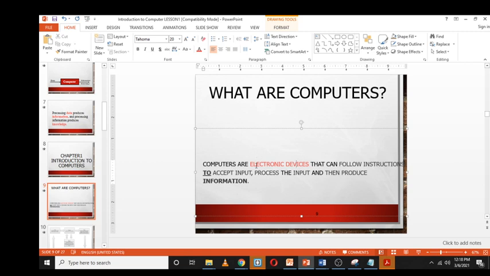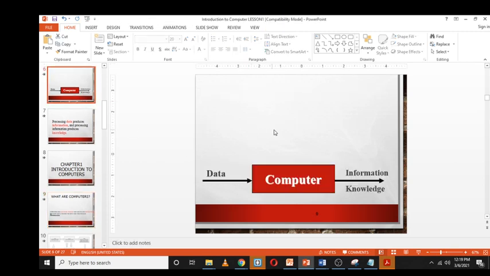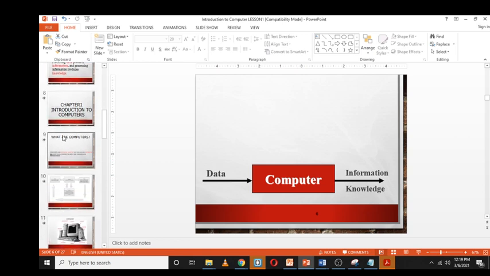So mainly a computer is an electronic device that can follow instructions to accept input, process the input, and then produce information. Okay, it's just like an example here. So a computer can be an electronic device that accepts data here and processes that data into information.